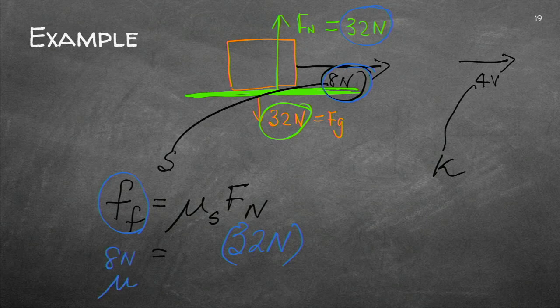What will the static coefficient be? So you can calculate that, and I got 0.25. Remember, no unit. It is a relationship. It's a relationship of 8 over 32, as we showed you in the graph.